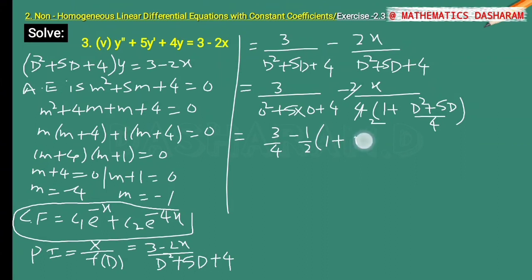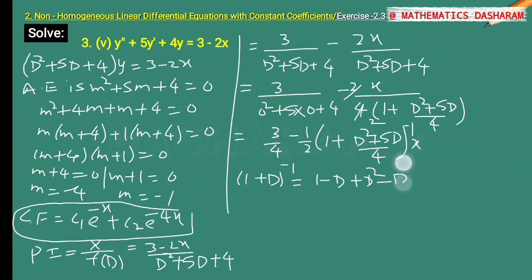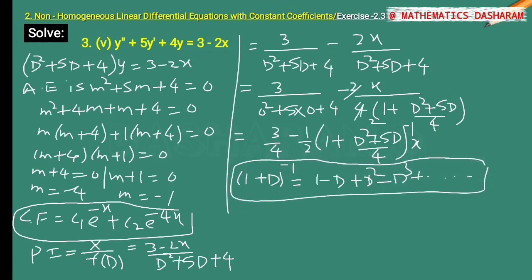Here we can write (1 plus (D square plus 5D) by 4) whole inverse into x. So the suitable formula: (1 plus D) whole inverse equals 1 minus D plus D square minus D cube plus and so on.